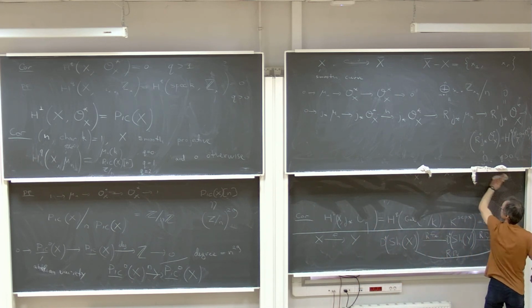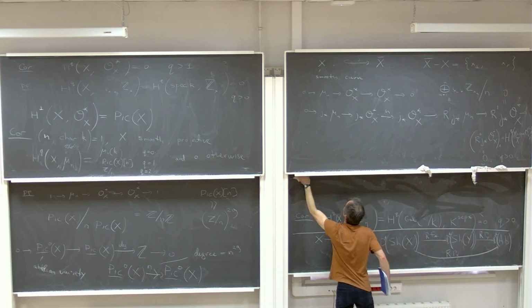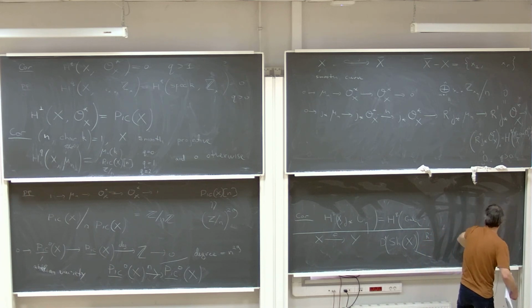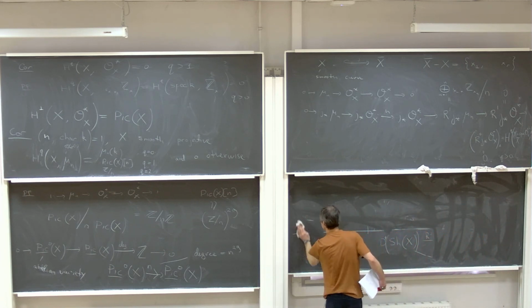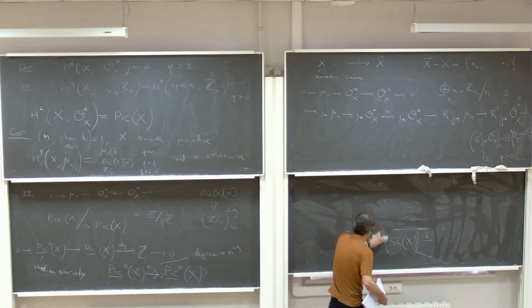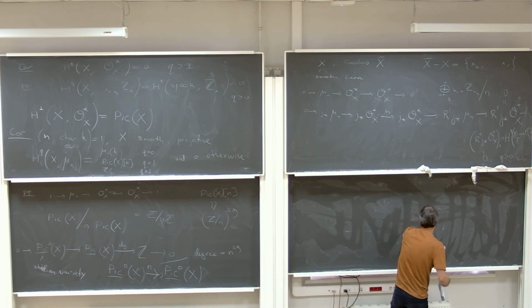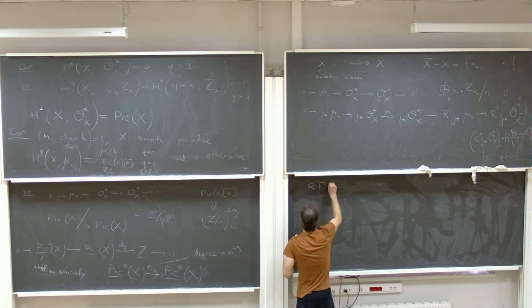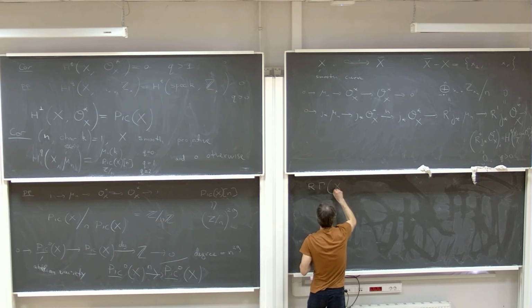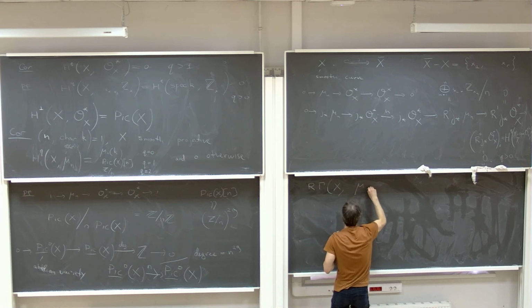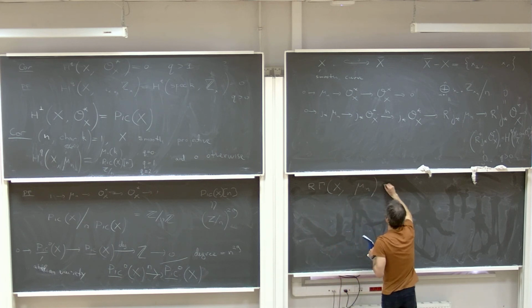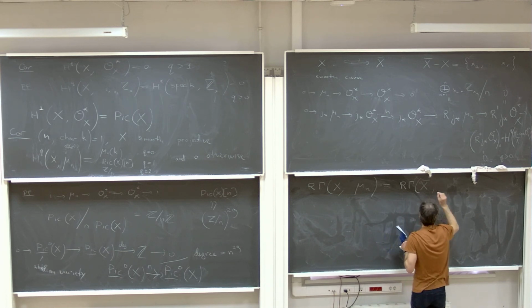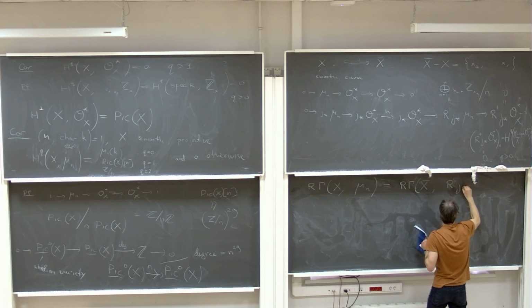So I want to use R gamma of x with coefficients in mu n, which is the same as R gamma of x bar with coefficients in R j star of mu n.